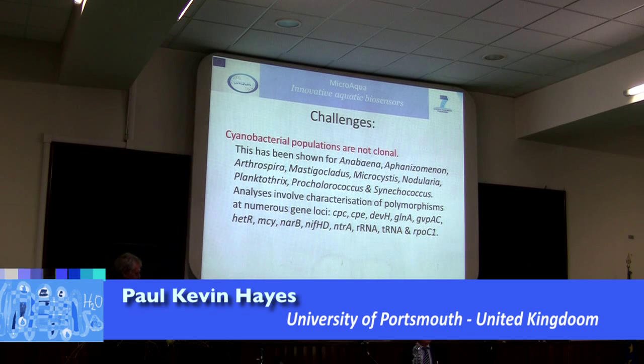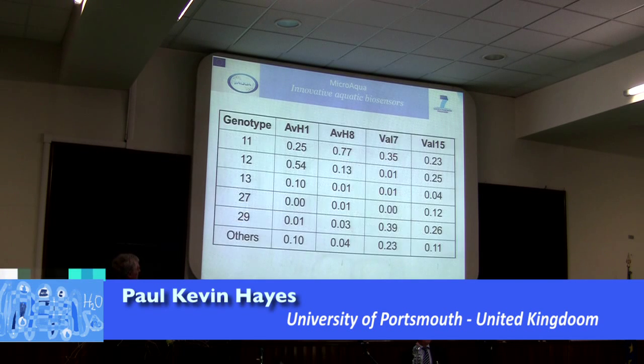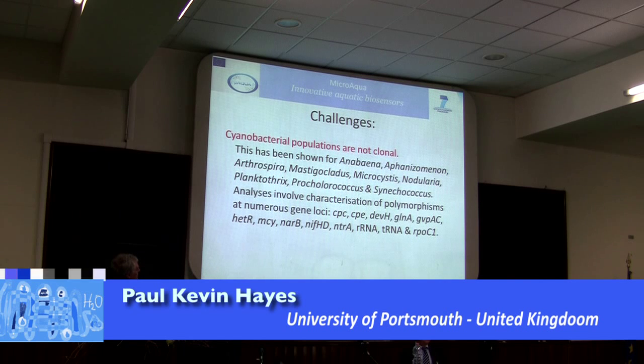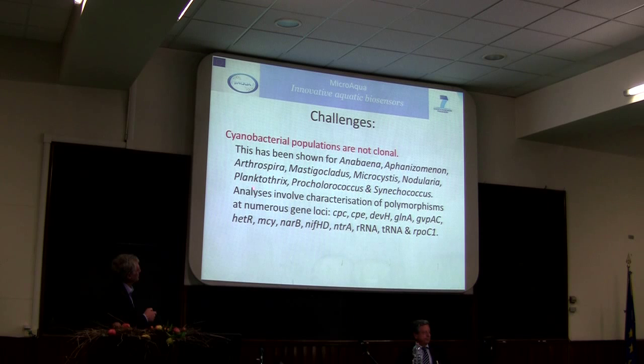And this has been shown for all of the genera listed here. So from Anabaena, Aphanizomenon, Microcystis, Planktothrix, so all of the toxic bloom-forming cyanobacteria, they all have this genetic variation that has been characterized by looking at polymorphisms of numerous gene loci within individual filaments or individual isolates of these organisms, and the genes that have been used are just listed along the bottom here.